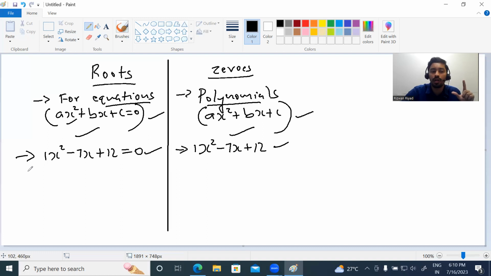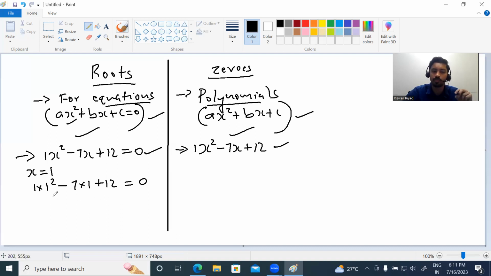First, I am going to put 1 in the place of x. Okay, x equal to 1. So 1x square becomes 1 into 1 square because x is 1. Wherever you see x, substitute 1. Minus 7x becomes 7 into 1, plus 12 equal to 0.